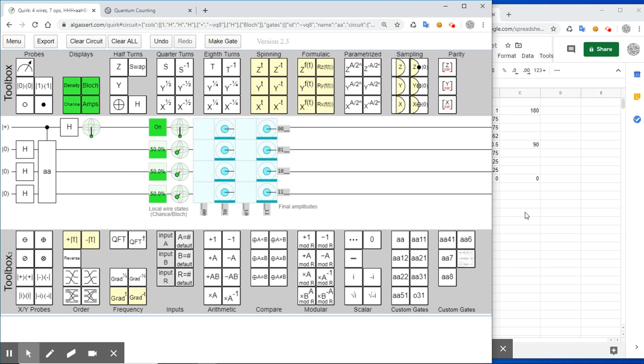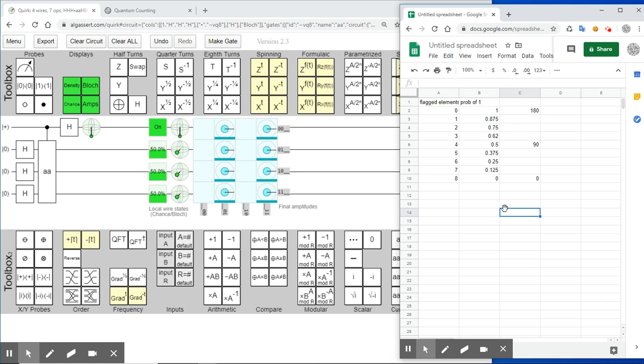Does this work for higher numbers? We can take a look. I can try to do this with both Cirq and Qiskit next time and see. I don't know, maybe nobody has thought of this before. I don't think so, but there seems to be a direct relationship between these and these, so we can definitely try that out next time.